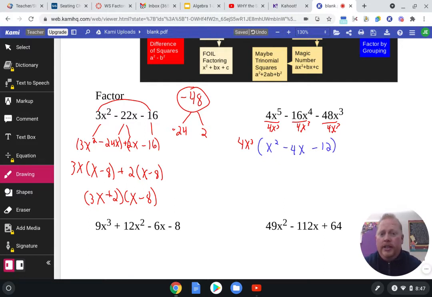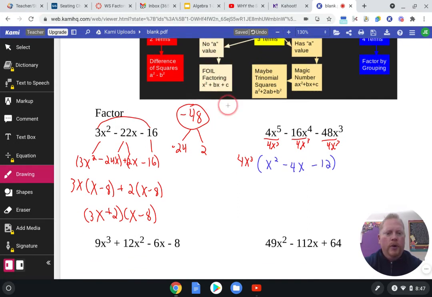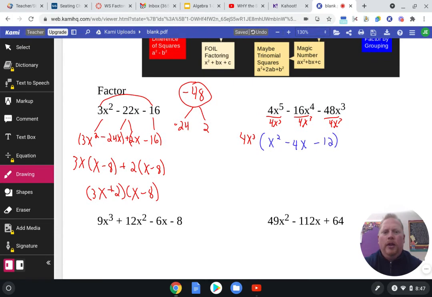So I found a GCF, but I always need to ask myself, can I factor any more? And what's in the blue parentheses looks like it's got 3 terms, nothing in front of the x squared. So right here, there's no a value, that's FOIL factoring. So what two numbers can multiply to be negative 12, but add up to be negative 4?